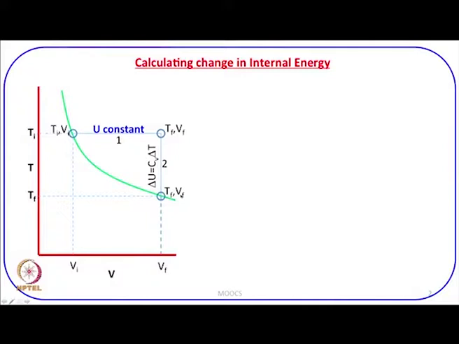This is a plot of temperature versus volume, and this is how the temperature will fall when the volume increases. Why does the temperature fall when the gas expands under adiabatic conditions, or why will the temperature increase when the gas is compressed under adiabatic conditions?